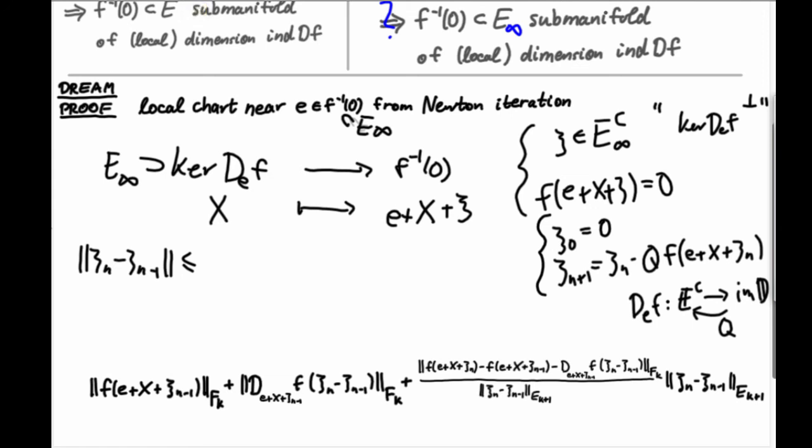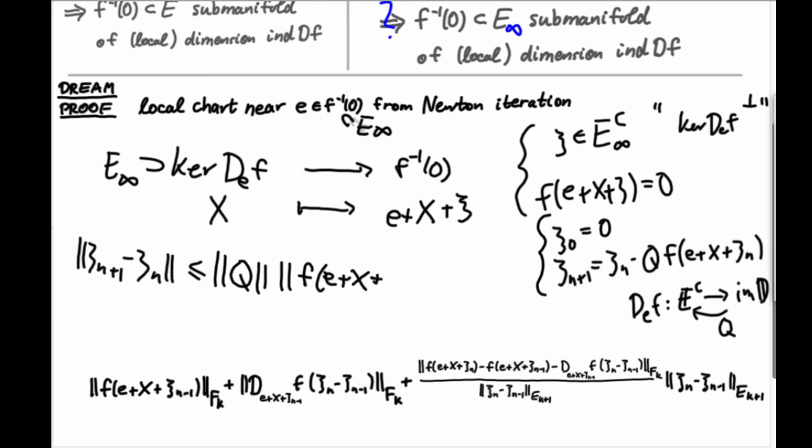Oh boy, no. This should be iterative. So Cn plus 1 minus Cn. So that is right. I can bound this. That's exactly this Q here, in terms of the operator norm of Q times F at E plus X plus Cn.